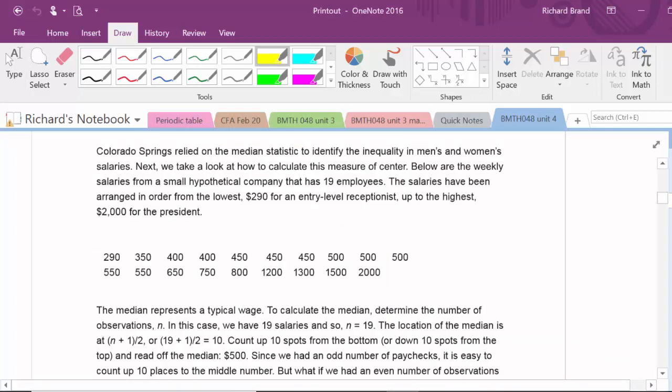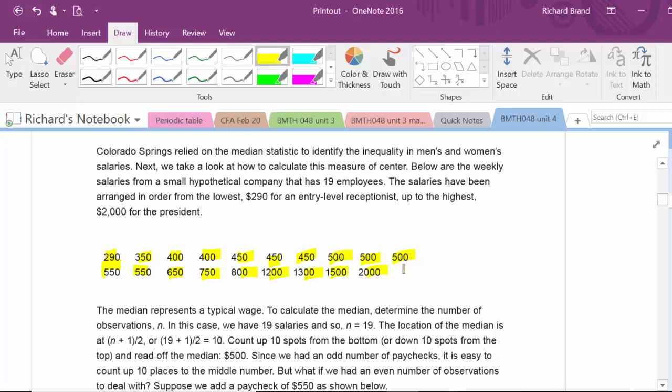There's an example given in the video where there's a small hypothetical company with 19 employees, and you want to find the average salary of the employees. So what you do is you add up all of the wages, I guess these are weekly wages, for these employees in this small company.